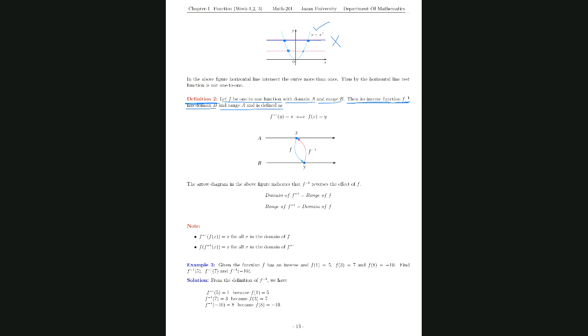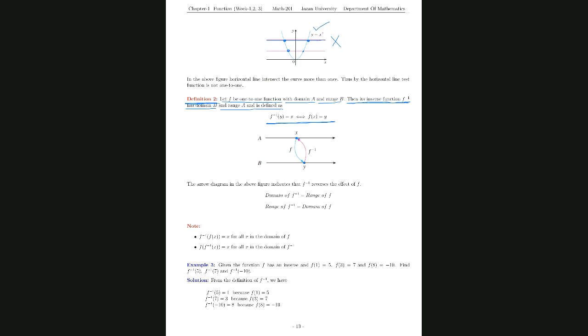So see, when the function is one-to-one, then the inverse exists. If the function is not one-to-one, then the inverse does not exist. For the inverse, the function must be one-to-one, right? So how to write the inverse? This is the definition. Just remember this.